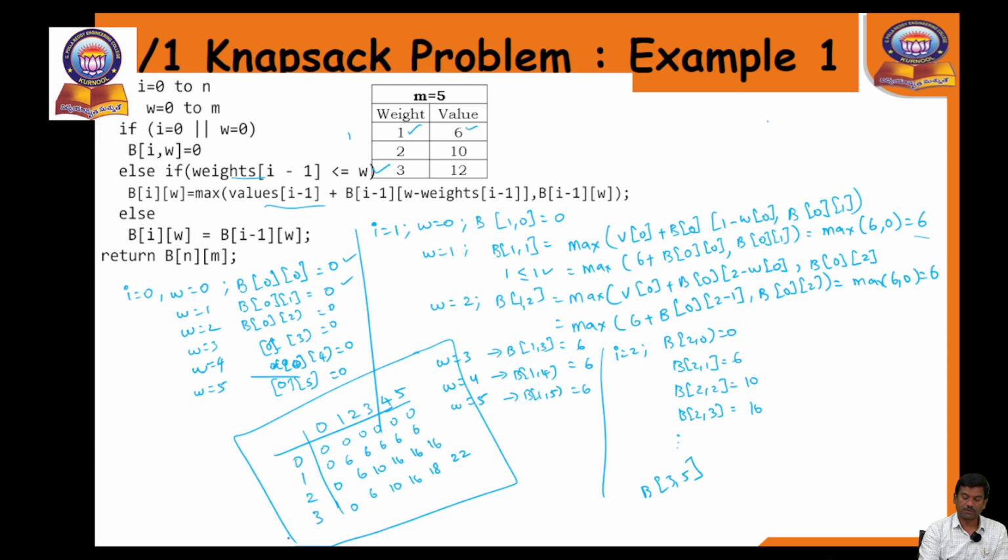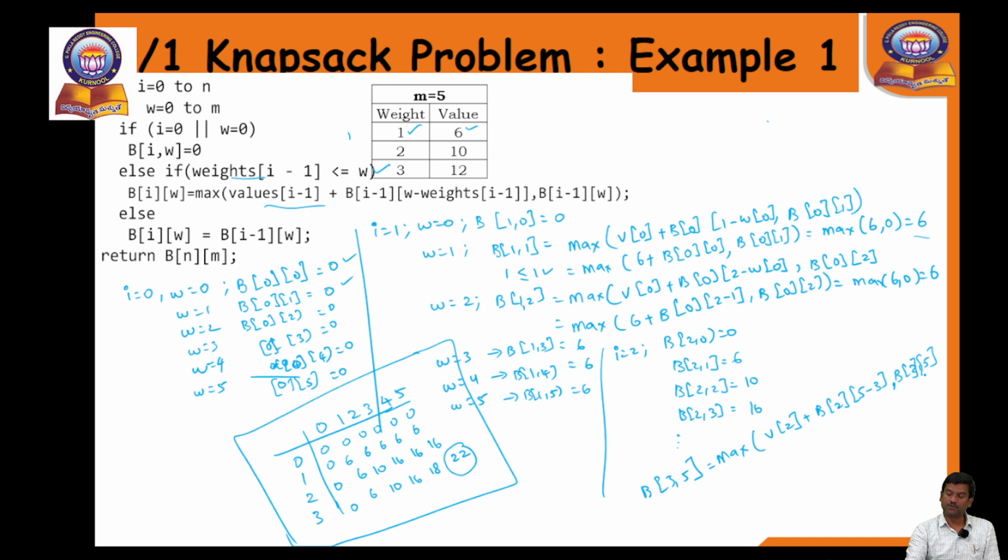So the maximum profit that you can earn is equal to the last cell present, that is 22. If you consider the formula for B of 3 comma 5, that is max of V of 2 plus B of 2 comma 5 minus 3, comma B of 2 comma 5.